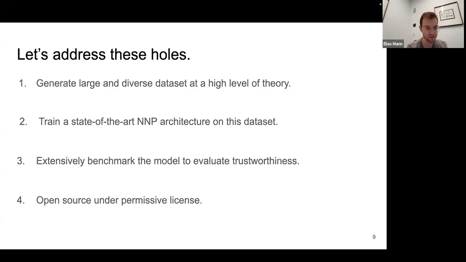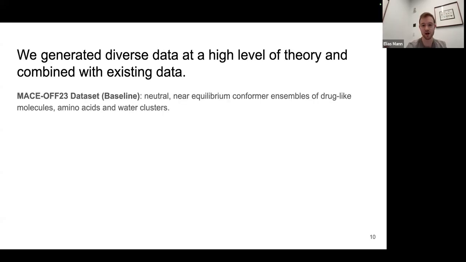So, MIT license models. We start by generating diverse data at a high level of theory, and we combine that with existing data. The baseline data set was the data set from the MACE-OFF23 paper, their MACE 23 data set. It includes most of the structures from SPICE 1, one of the earlier versions of SPICE.